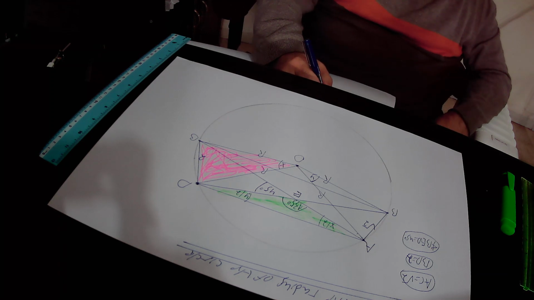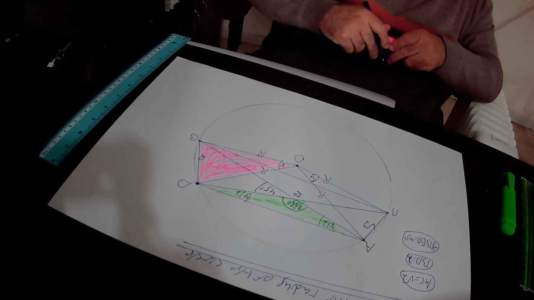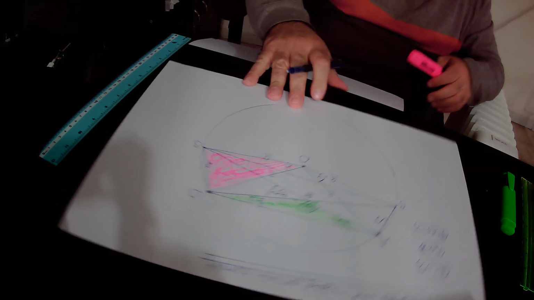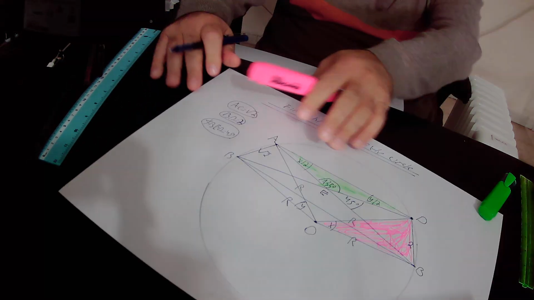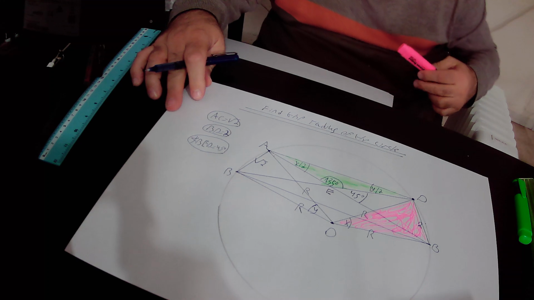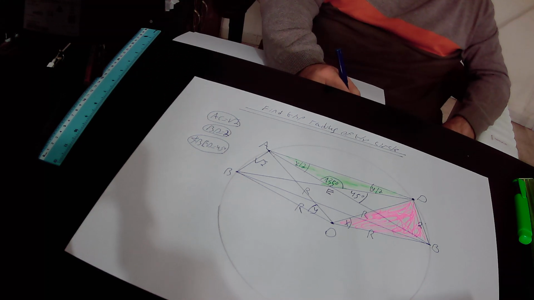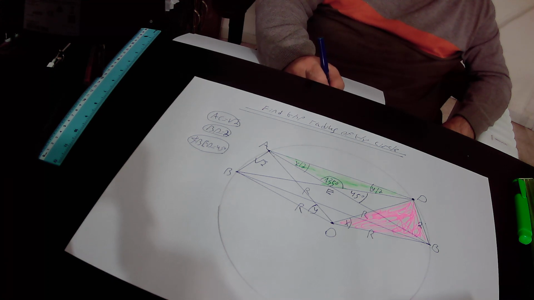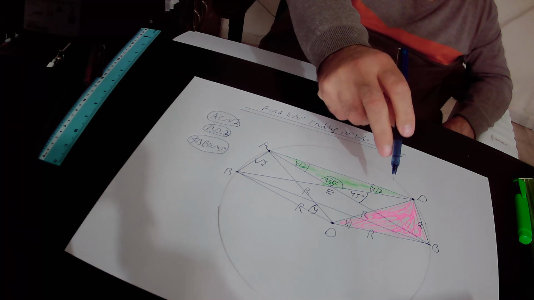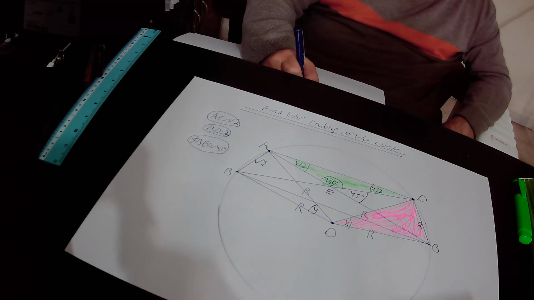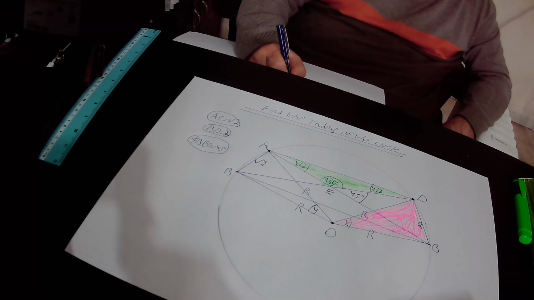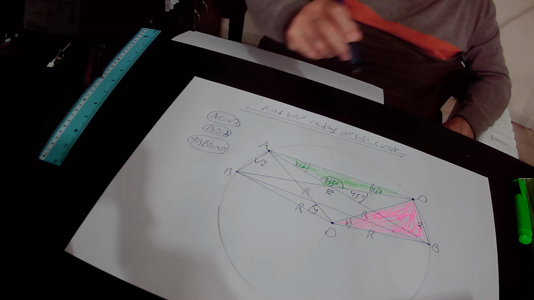The pink triangle ODB, according to the law of cosines, cosine x equals r squared plus r squared minus 2 squared. 2 squared is 4, so it is minus 4, over 2 times r times r.